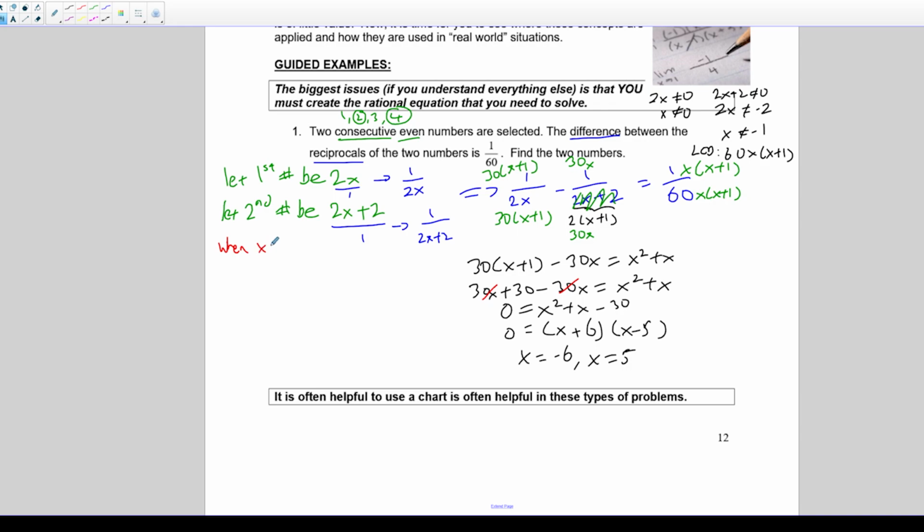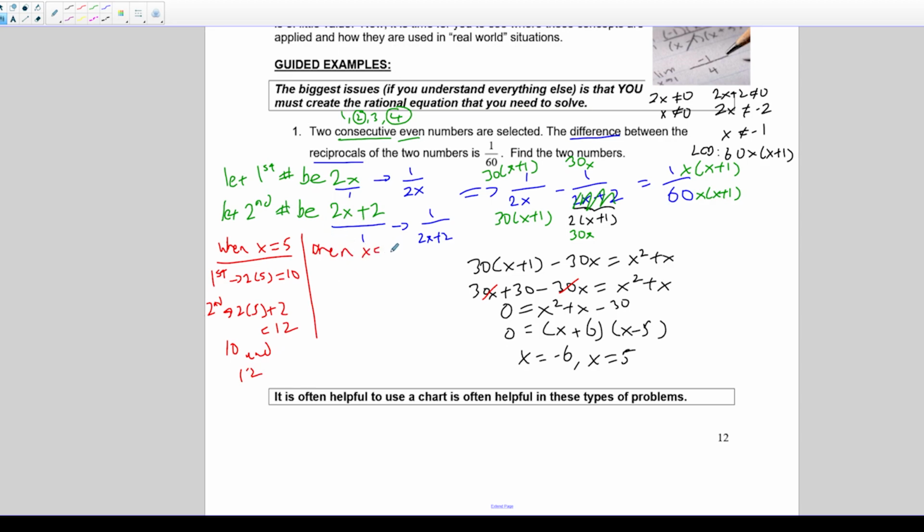When x is equal to 5, what happens is the first number ends up being 2 times 5, which is equal to 10. And your second number is going to be 2 times 5 plus 2, which is equal to 12. So you have 10 and 12 as your two numbers.